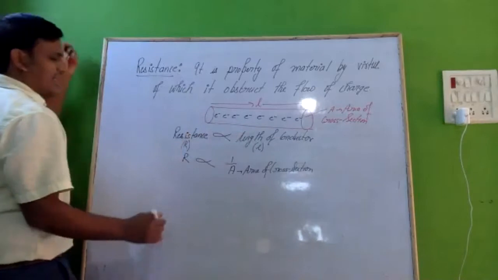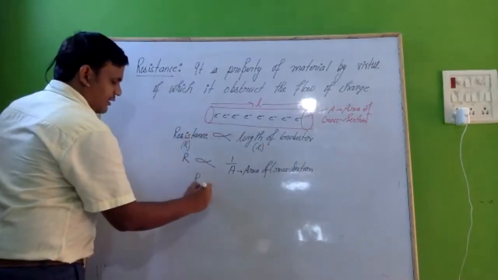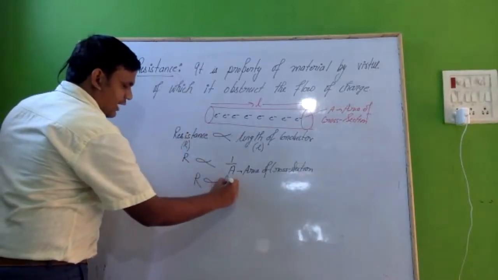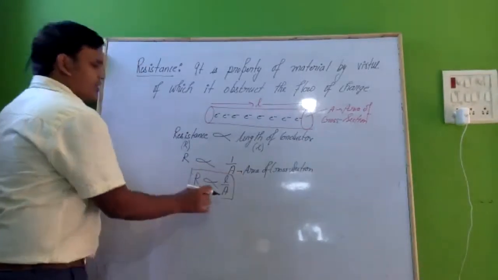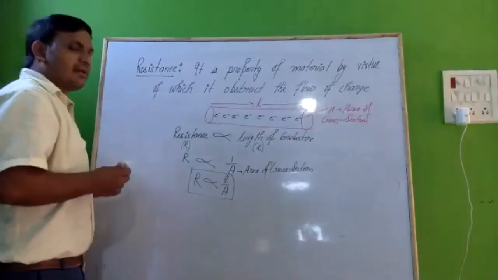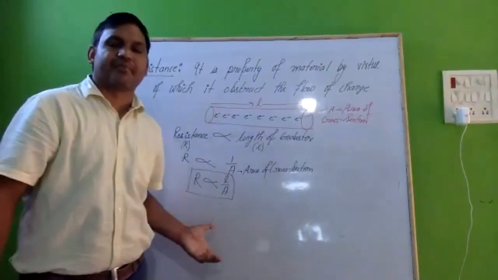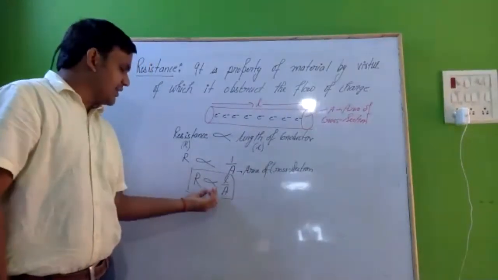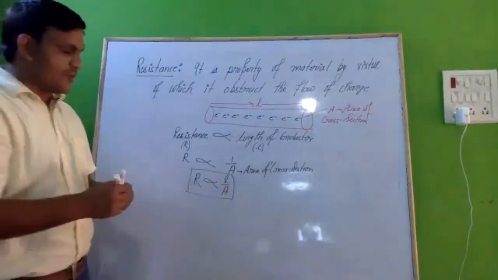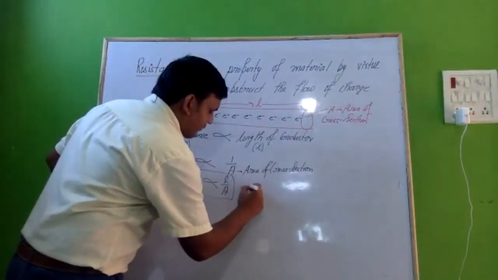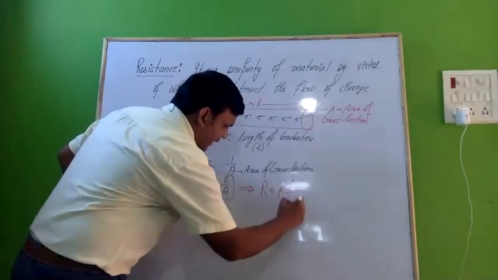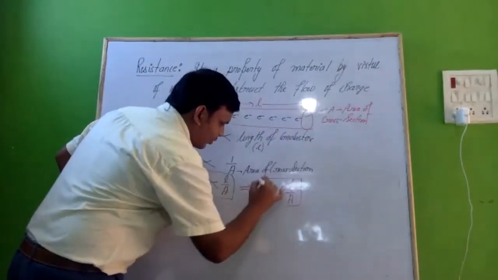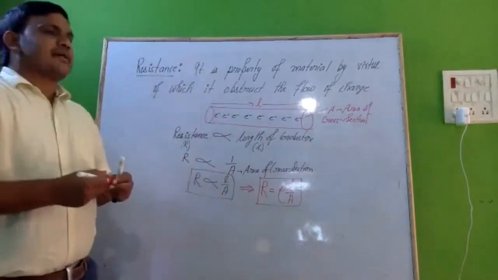So what else can you write? R is directly proportional to L by A. If we remove this proportionality, one constant will be there, and it can be written as R is equal to rho L by A, and this rho is nothing but the resistivity.